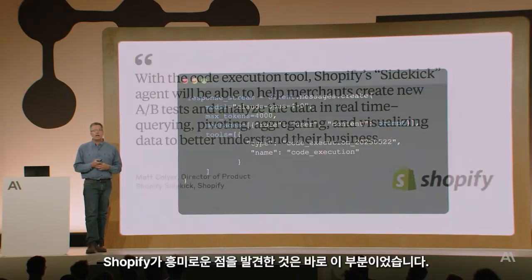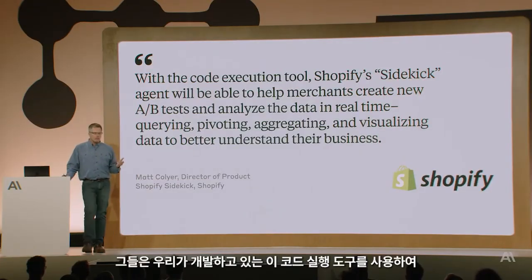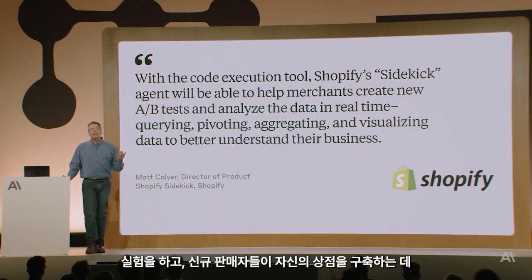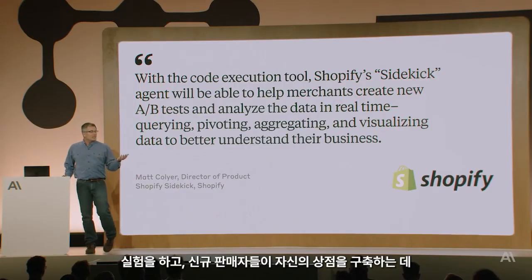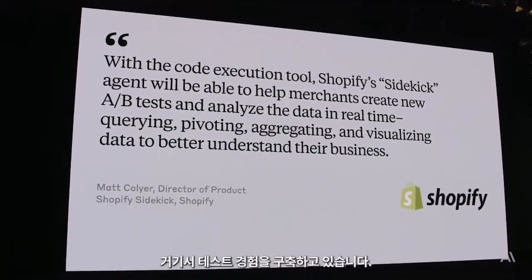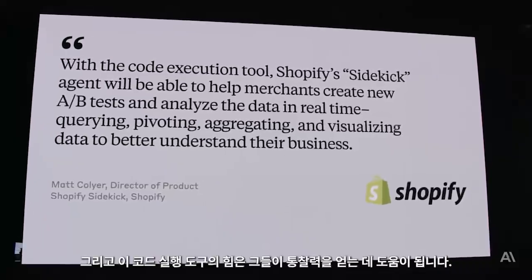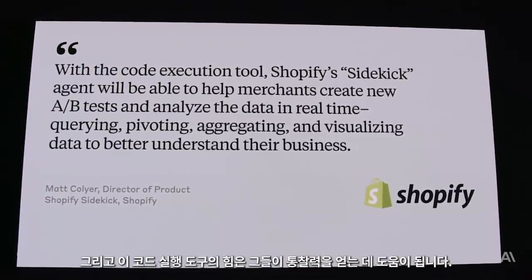And that's just what Shopify found was interesting as they experimented with this code execution tool we're building. They have a Sidekick agent that helps merchants build their storefronts, and they're building an A/B testing experience there. And having the power of this code execution tool is helping them bring that insight.